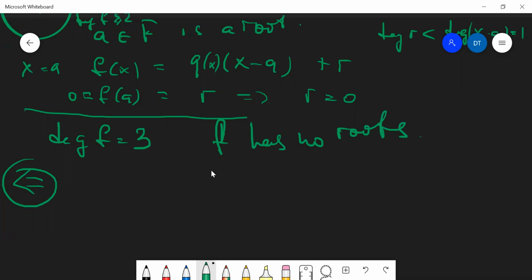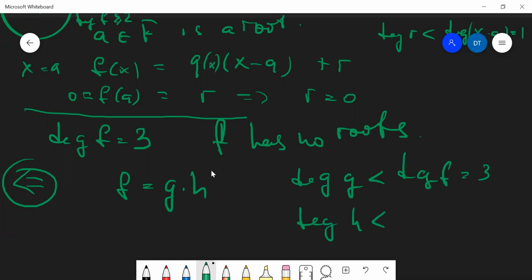Well, again, suppose that f is reducible. So the degree of g is strictly smaller than the degree of f, which is 3. And the degree of h is strictly smaller than the degree of f, which is 3. Well, there are two options. Either the degree of g is 1 and the degree of h is 2, or the other way around. The degree of g is 2 and the degree of h is 1.